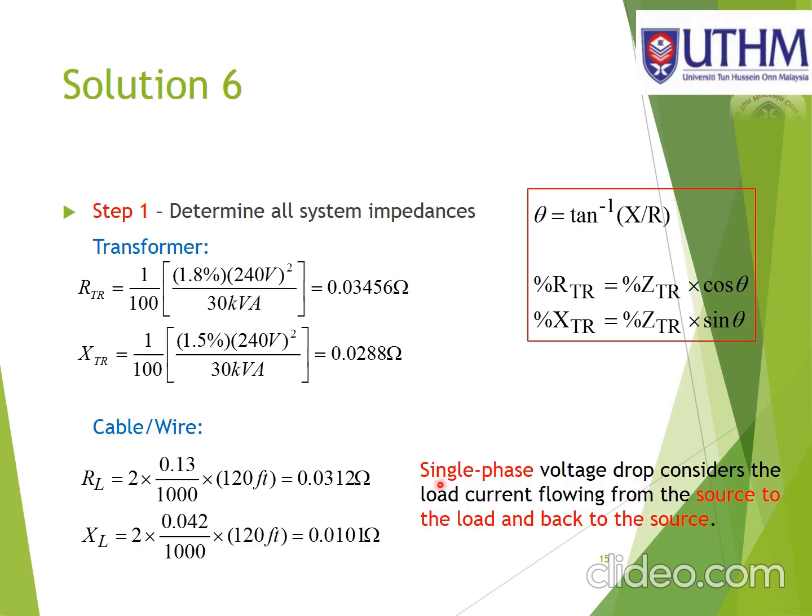Single phase voltage drop considers the load current flowing from the source to the load and back to the source. This is the condition for single phase. That's why to get the RL and XL, we have to times by 2 because there are two ways. This value is from the table, and this value also from the table.